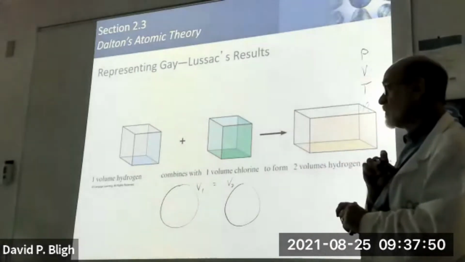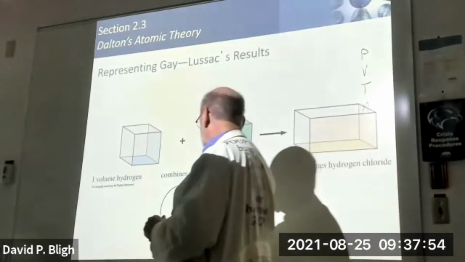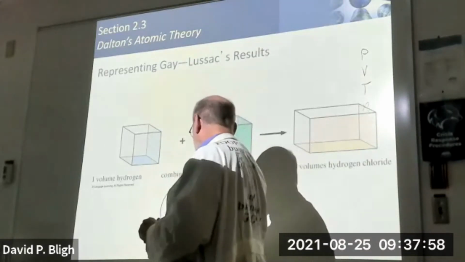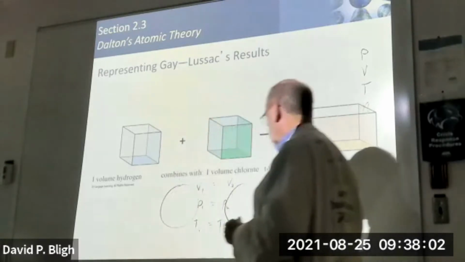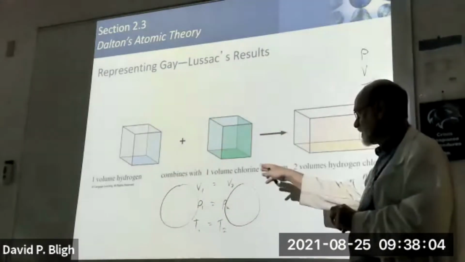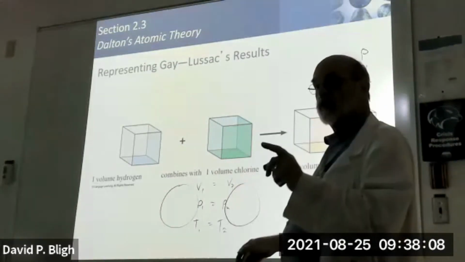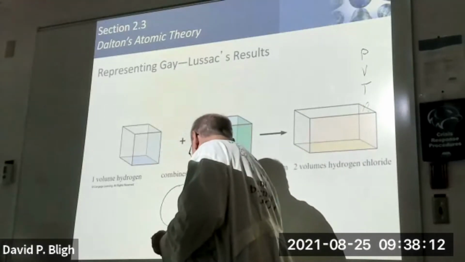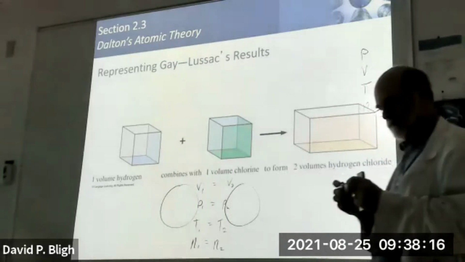And then they also knew, from Gay-Lussac's work, that you needed to have pressure equal for each one, and temperature equal for each one. If all of those conditions are equal for each one of those containers, then what also has to be true? The number of particles in this one has to be equal to the number of particles in that one.